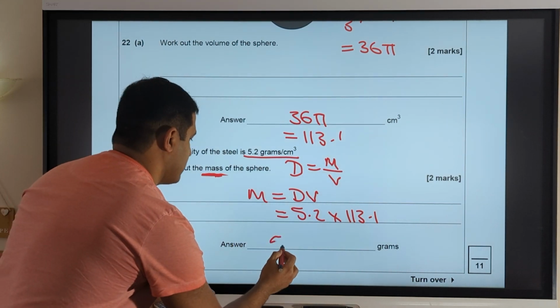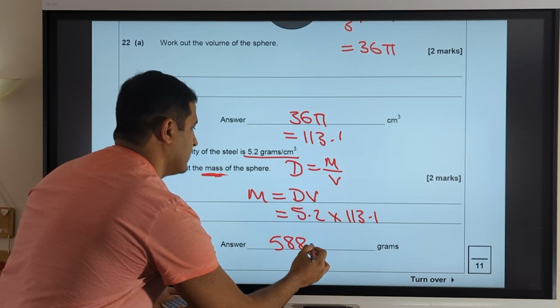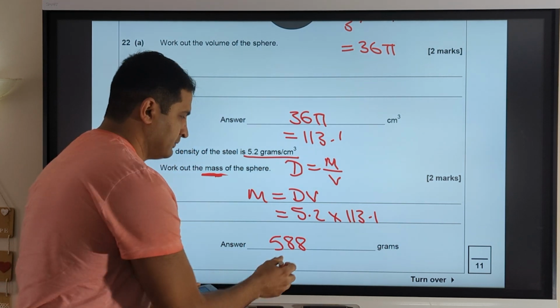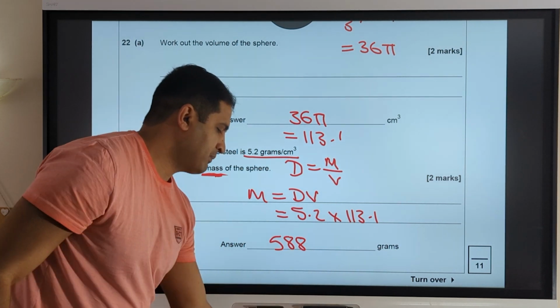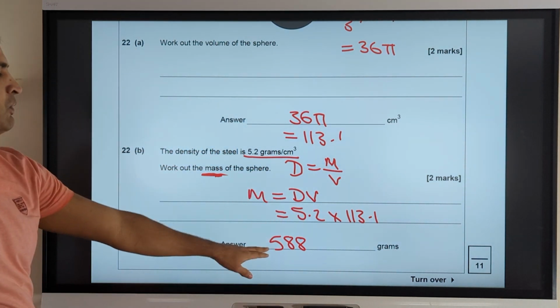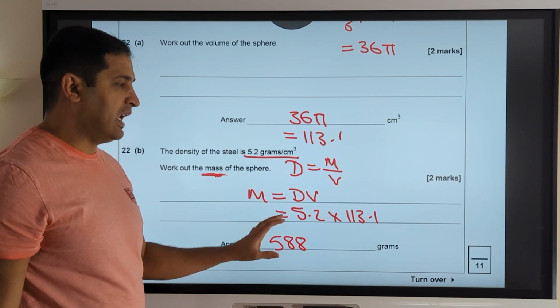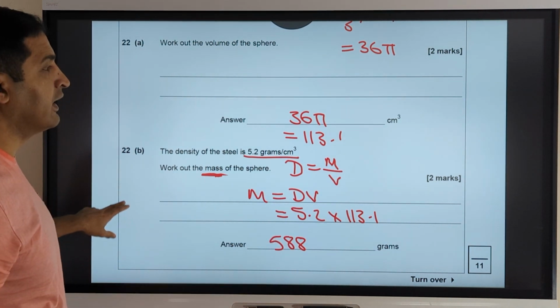And we get 588 grams, to the nearest gram. I'm not rounding it to anything. So you get 588 grams. And the mark scheme will allow small variations there.